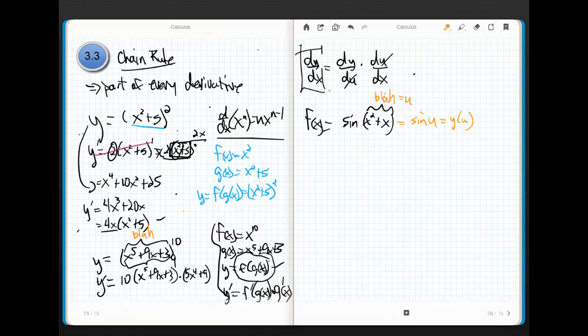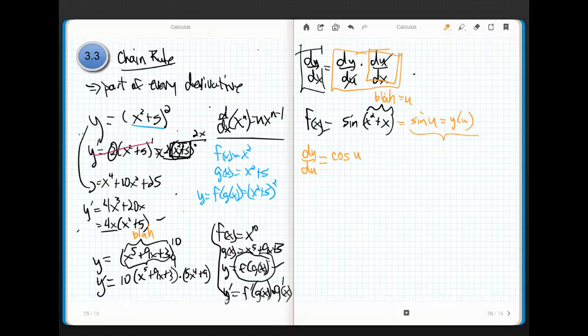Okay? Now, according to this, remember we started out as y as a function of x, true? According to this right here, this guy right here tells me that the derivative of this, which I've rewritten like this, says take the derivative of y with respect to u. So I take dy over du, which is just the derivative of this guy, which we know is cosine of u.